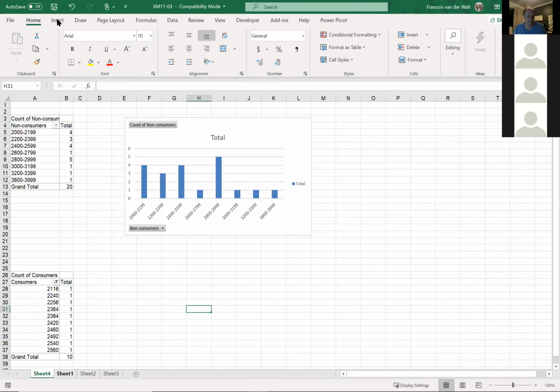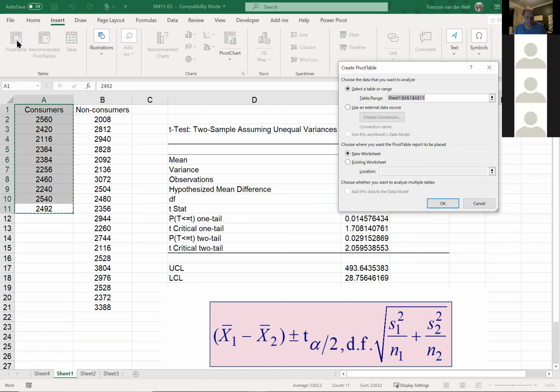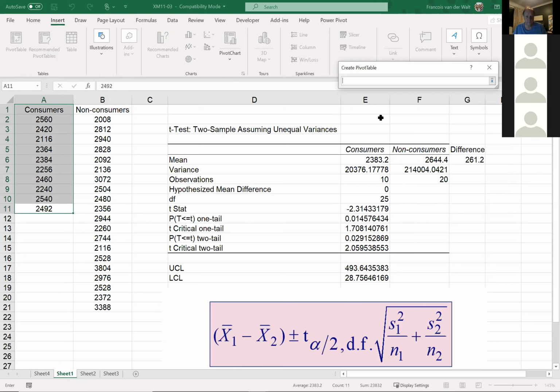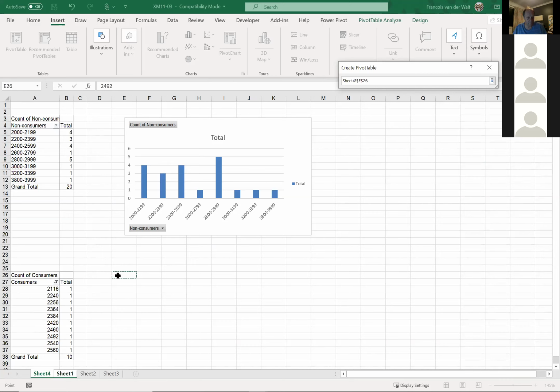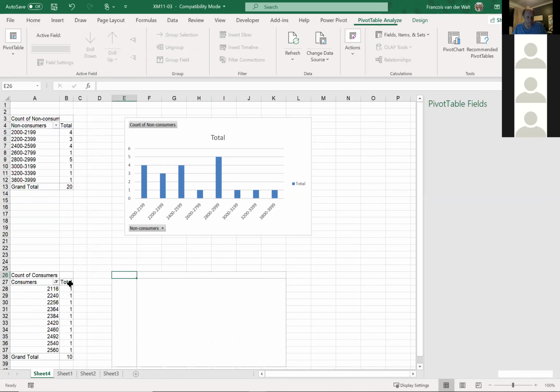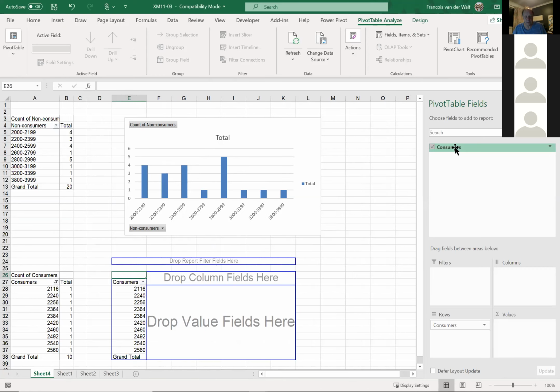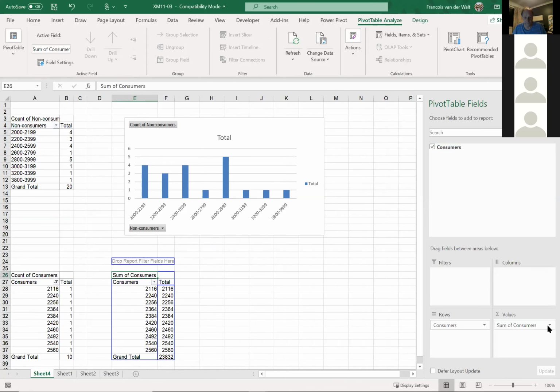I'm determined to do it, so I'll just insert pivot table in sheet 4, listing sheet. Do you see it didn't want to do it because there's blanks in it?